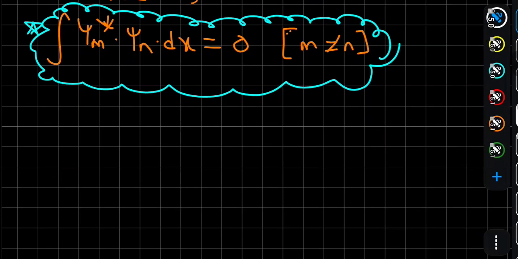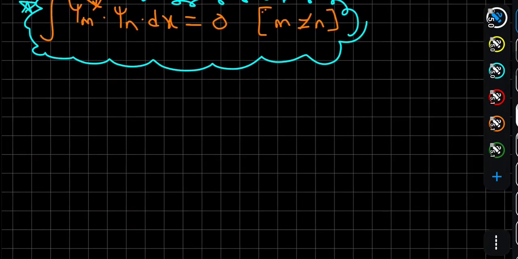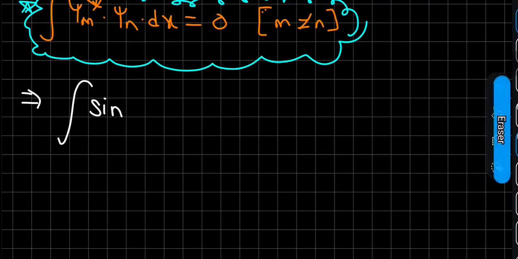We are going to use some properties of trigonometric functions here, so be prepared for that. I will not skip any part of the calculation, so that you have no confusion. There is a factor of root 2 by a.